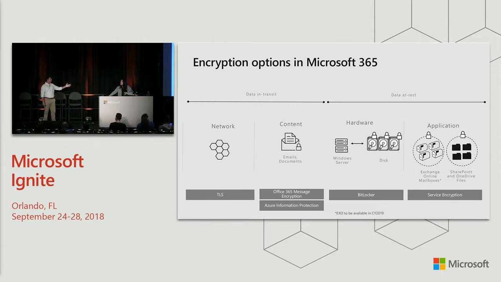And on the content side, you have Office 365 message encryption and Azure Information Protection to help you out. For data at rest, which is when your data is lying in Office 365 or in the cloud, you have BitLocker at the lowest infrastructure layer, and you have application level security that is also provided via service encryption.